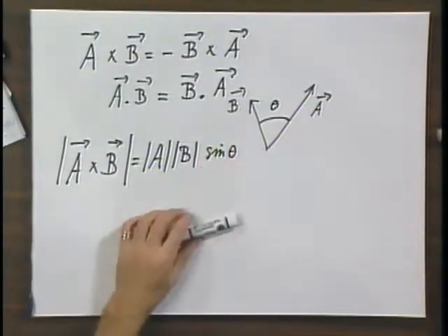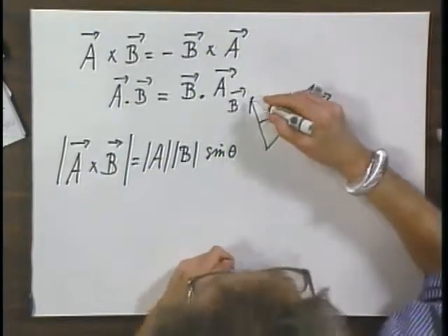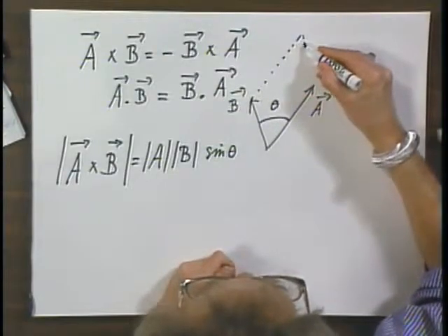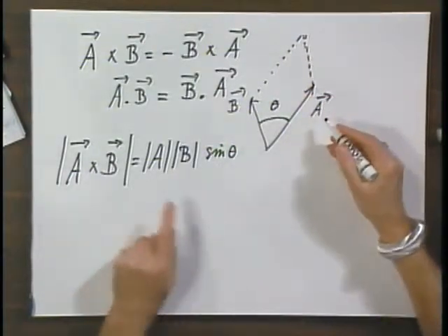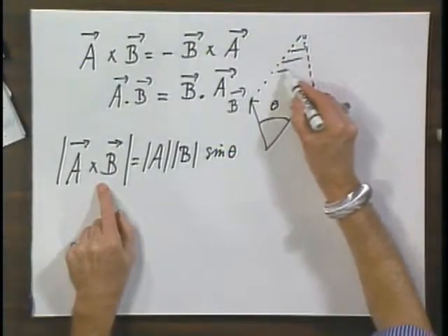Now look at this a little bit more closely. If I made here a parallelogram, then I would claim that the magnitude of the cross product between A and B is this surface area.